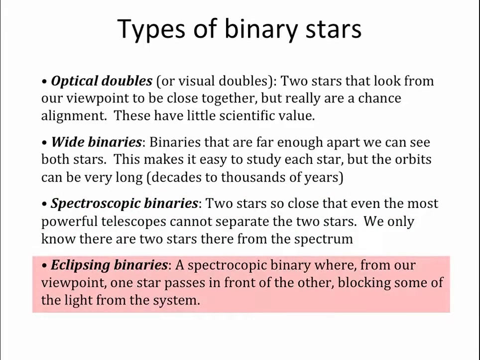And the last one is something called eclipsing binary stars. These are spectroscopic binaries where, from our viewpoint, one of the stars will go in front of the other one, and so in other words, one of the stars eclipses the other. This cuts down on the total amount of light we see, and eclipsing binary stars are some of the most useful for studying binary stars.